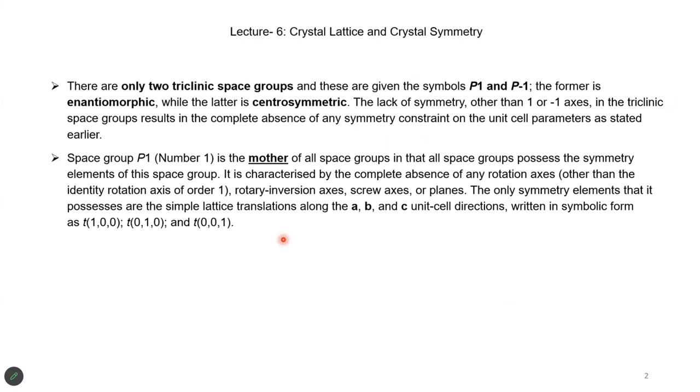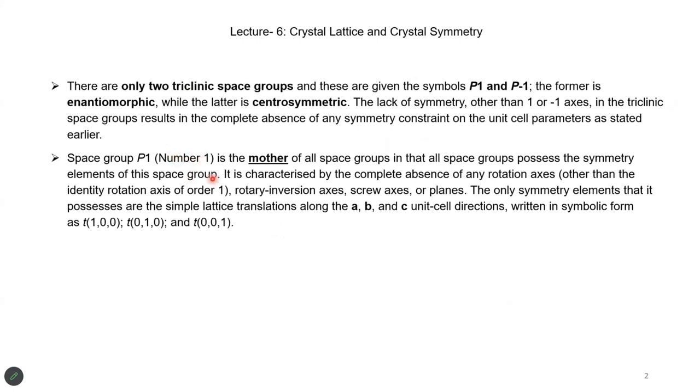So what we will discuss today is a few space groups, how we represent them, and then the specific rules and regulations, and then we leave the space groups. Probably I will discuss 3 space groups.